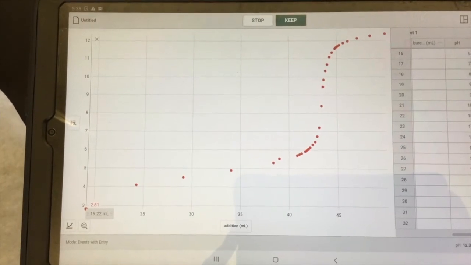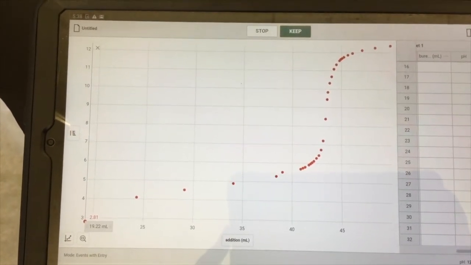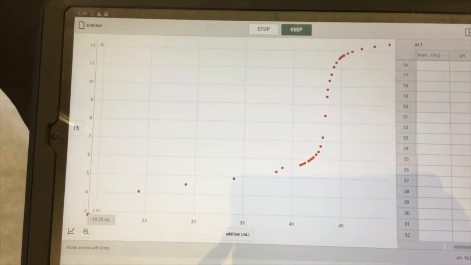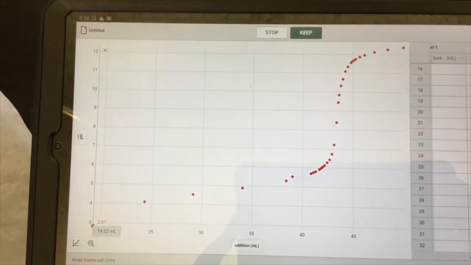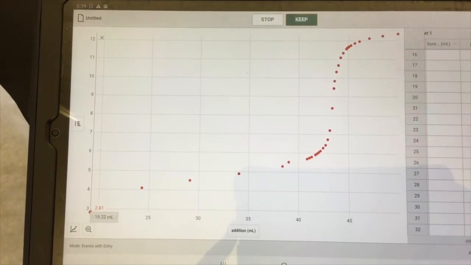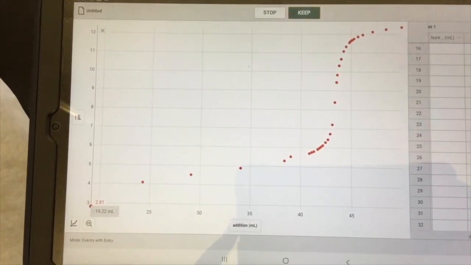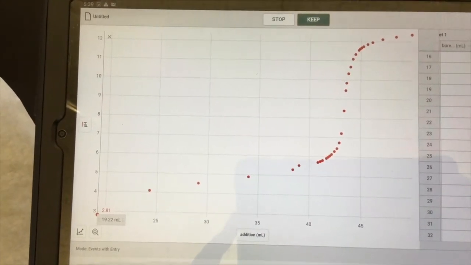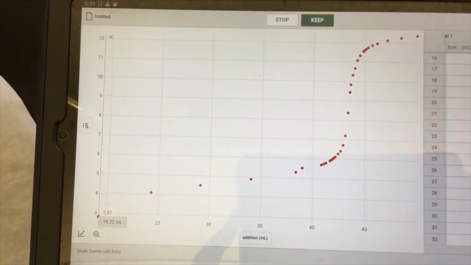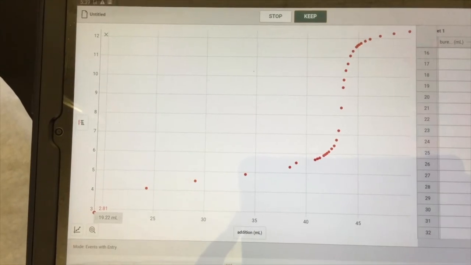Now it would be wonderful if they were nice and neat like this curve is, but what we're going to see is that it isn't always easy to tell where that rise is, because when we have a diprotic acid, the rise isn't going to be quite as much, the change in pH isn't going to be quite as much, and so we've got a much smaller area vertically to tell where the pH is rising rapidly.